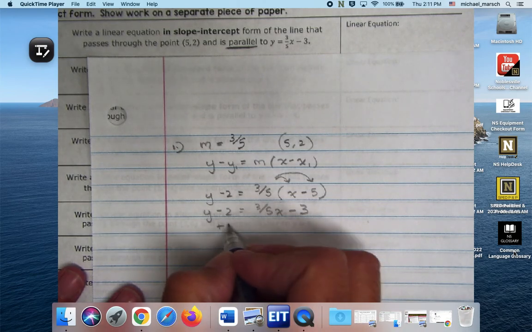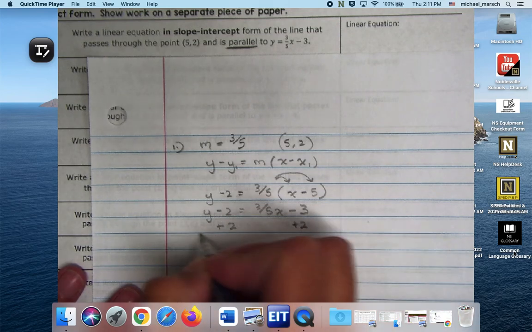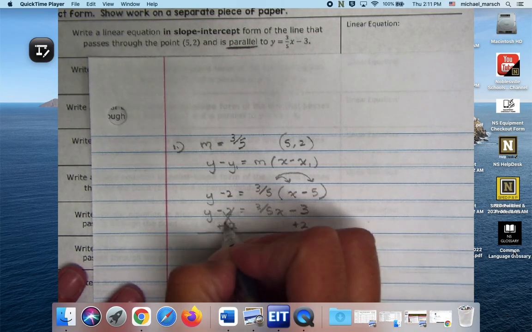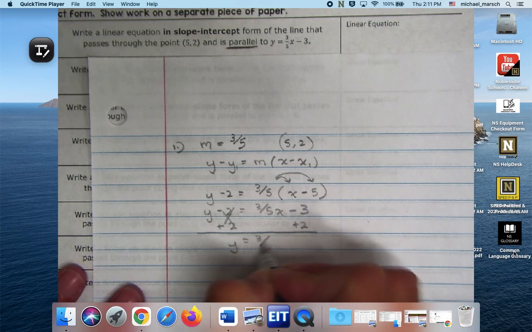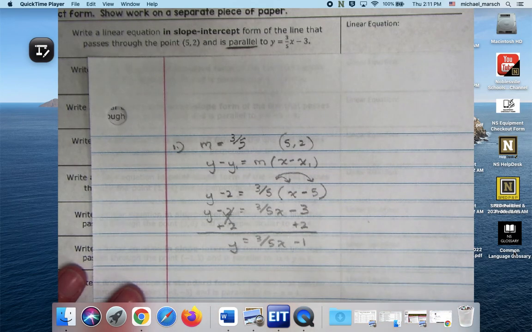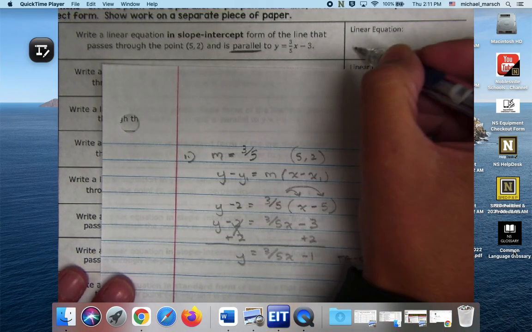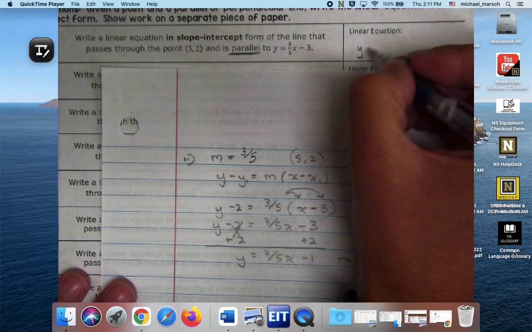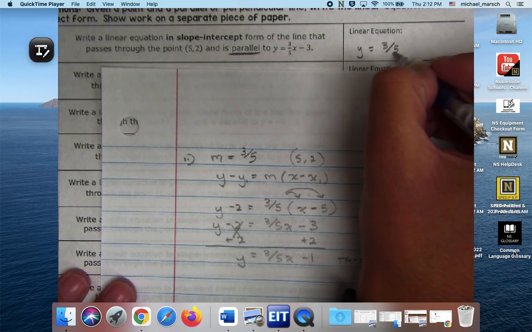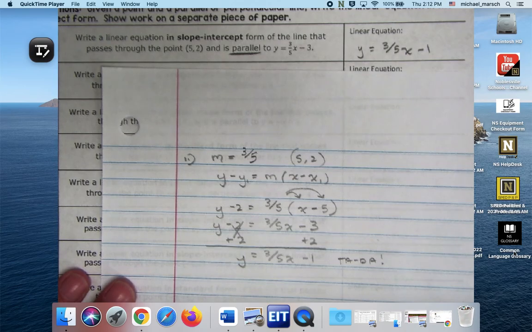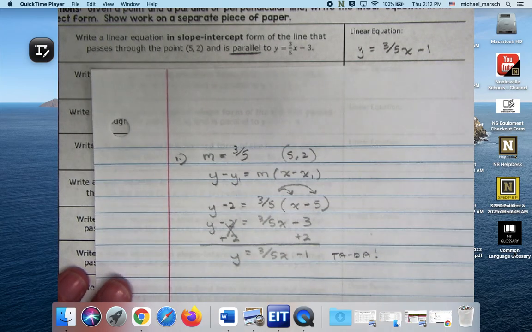Then I'm going to add 2 to both sides. y equals 3/5 x minus 1. Ta-da! So then over here on my paper, I'm going to write y equals 3/5 x minus 1.